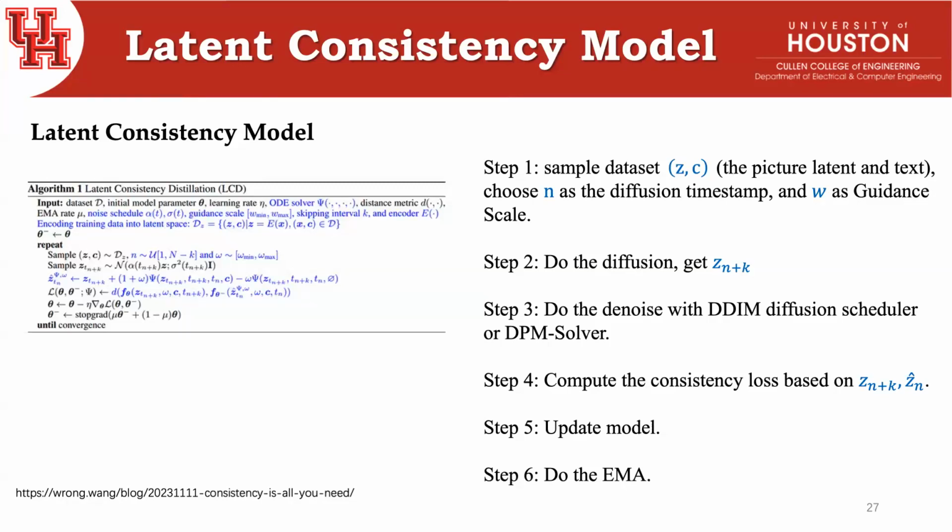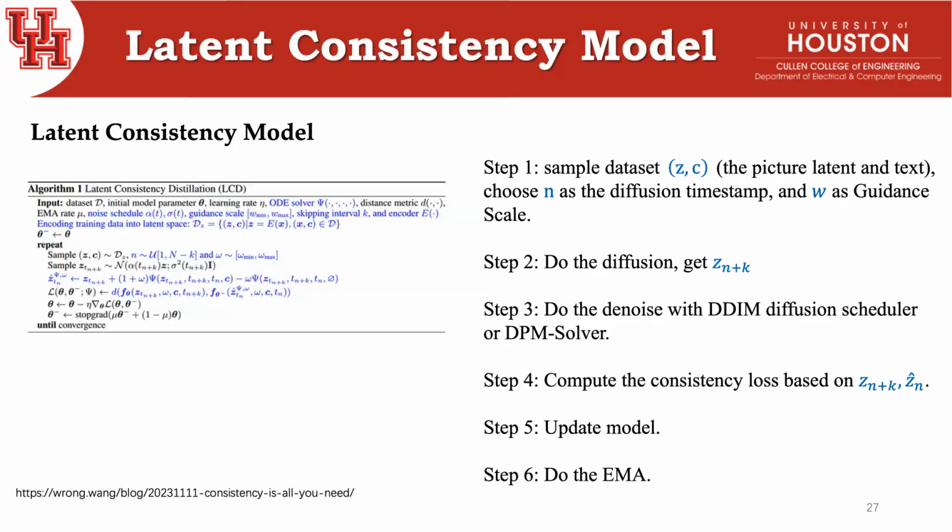In step 4, we compute the consistency loss based on Z_{n+k} and Z_n. This consistency loss is what we mentioned: we try to make the outputs of f theta at Z_{n+k} and Z_n the same. In step 5, we update the model, and in step 6, we do the EMA.